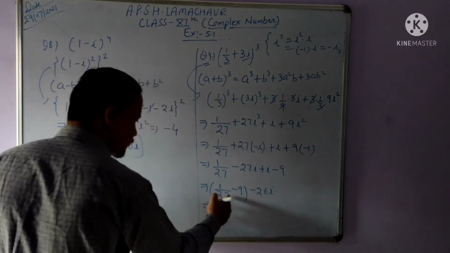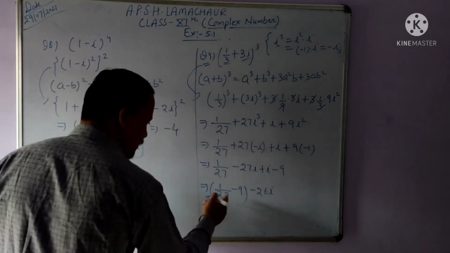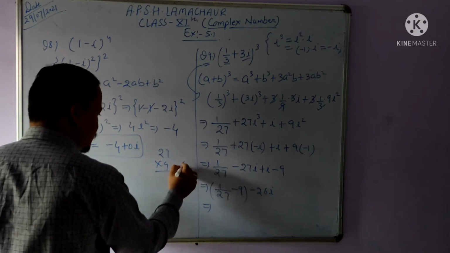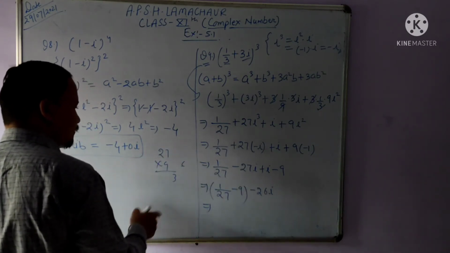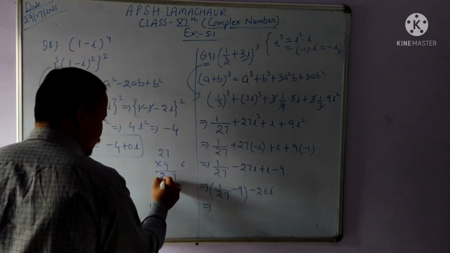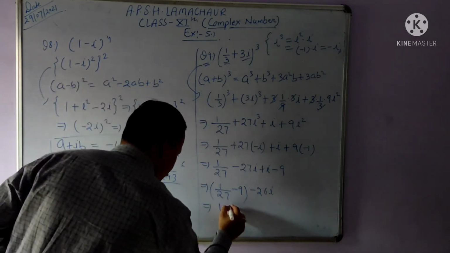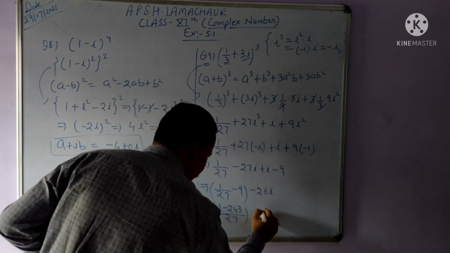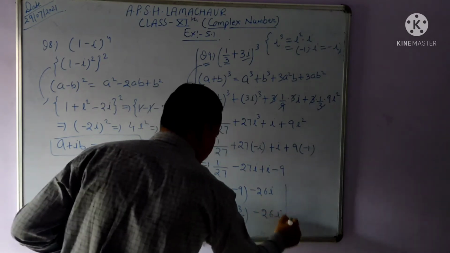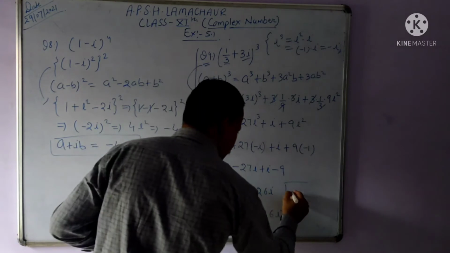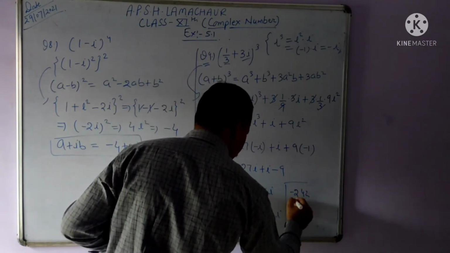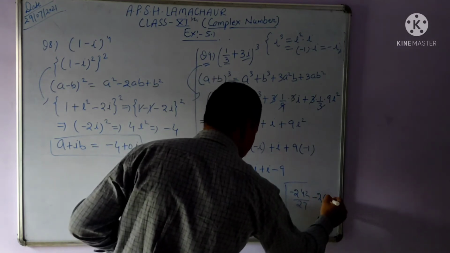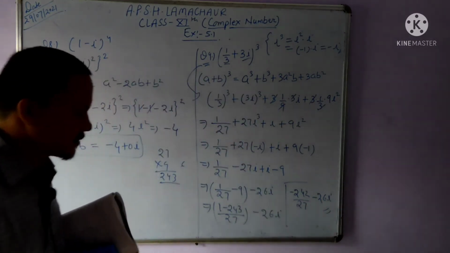Now on simplifying this one, 1 minus 9 multiply 27, so 27 into 9, 9 7s are 63, 6 carry, 9 2s are 18, 18 plus 6 is 24, so 1 minus 243 upon 27 minus 26 times iota. So the answer is 1 minus 243, that is minus 242 upon 27, and minus 26 times iota. Take minus common, and this will be the answer.